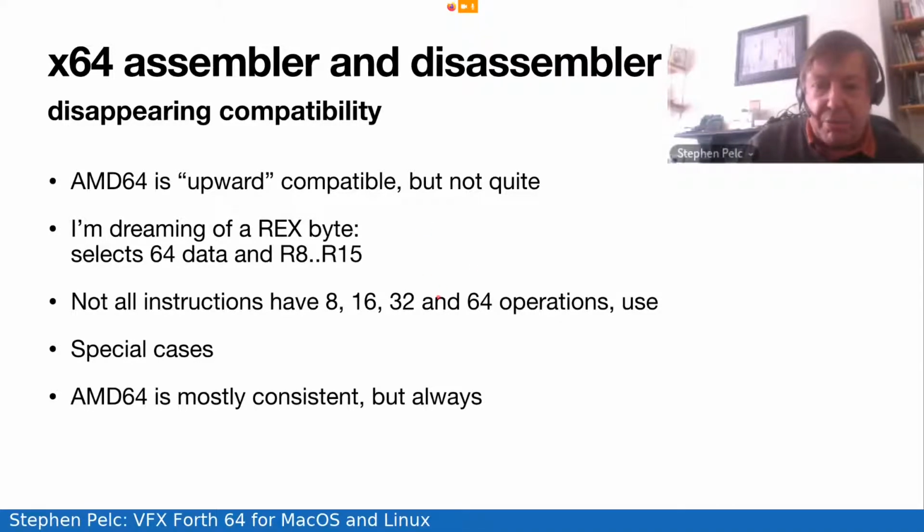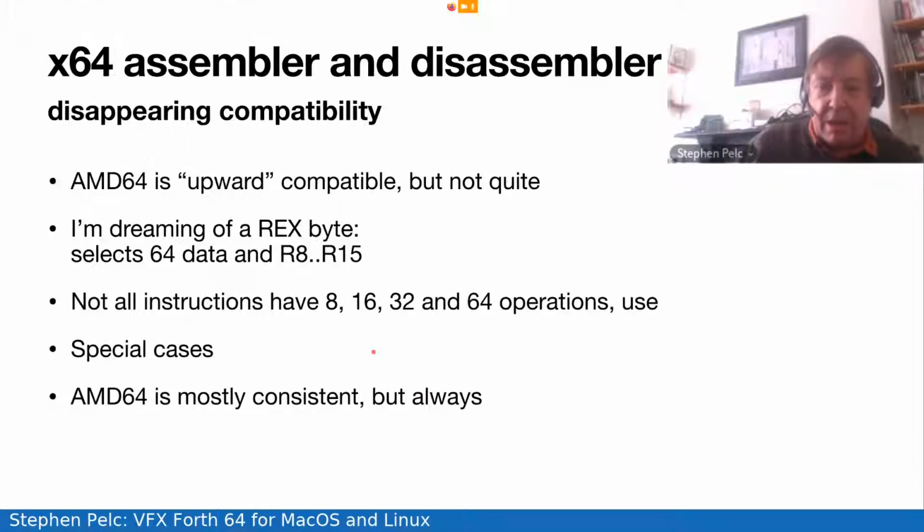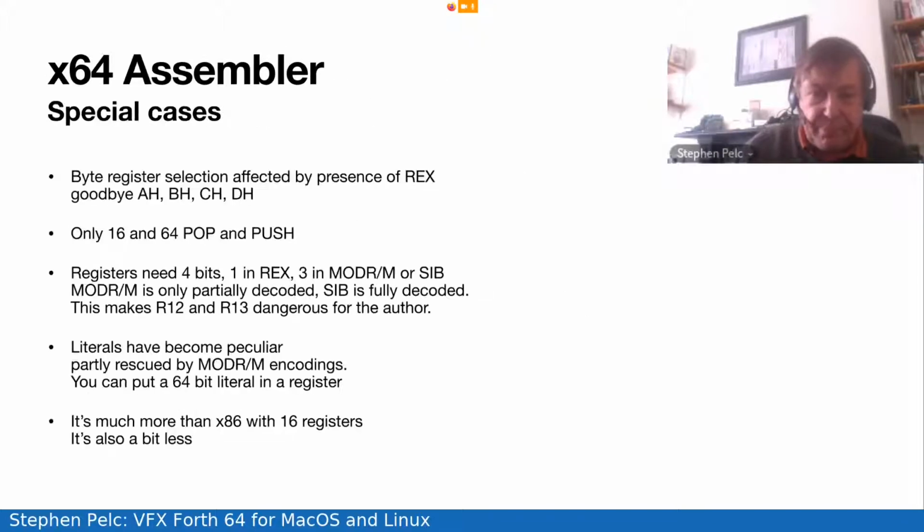Other things to remember is that not all instructions have 8, 16, 32 and 64-bit forms, so there are a lot of special cases. AMD is mostly consistent, but not always, except when it isn't. So the special cases are the parts that make the pain.